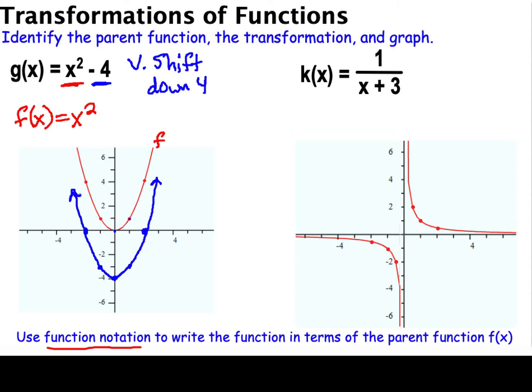And again, that happened because it was happening outside, right? After I squared, it was happening outside of my function. If I had to picture where the parentheses were, again, my squaring is going to happen first. I'm going to get my parabola. Then I'm going to move it down 4 units.